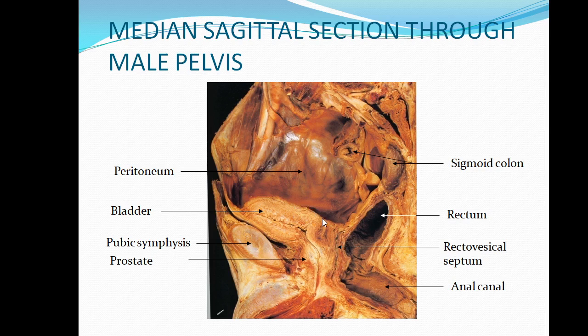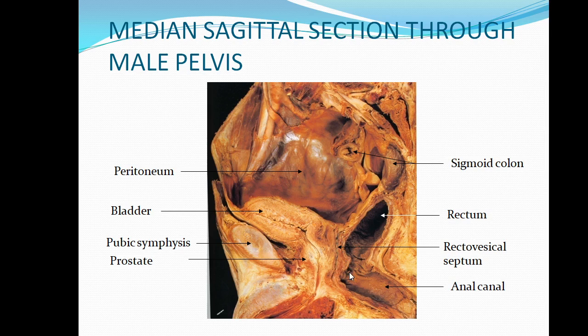There is a fold of peritoneum which reflects from the superior surface of the urinary bladder onto the rectum in the male, and this forms the rectovesical pouch. The lower part of the base is separated from the rectum by the rectovesical septum, or the fascia of Denonvilliers.